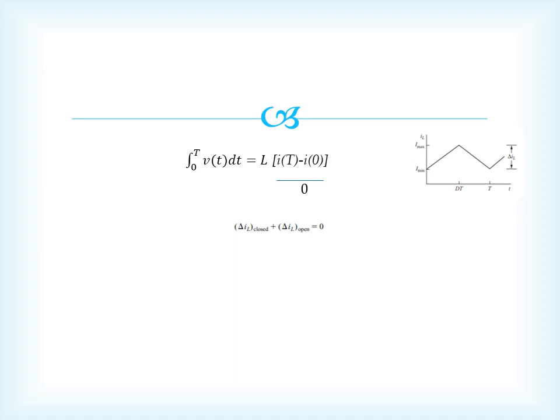So this is another way of analyzing the equation for the steady state. You will find several videos in which they would have used voltage time balance to analyze DC to DC choppers. What they are doing is they will find out the voltage across the inductor during on time, the voltage across inductor during off time, and putting that in a voltage time balance equation, we calculate the relationship between output and input voltage.